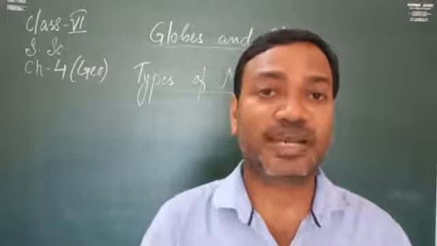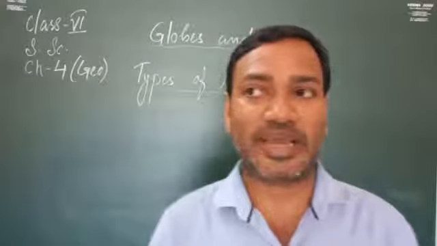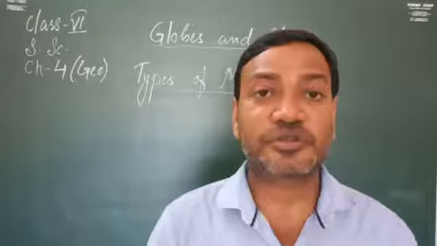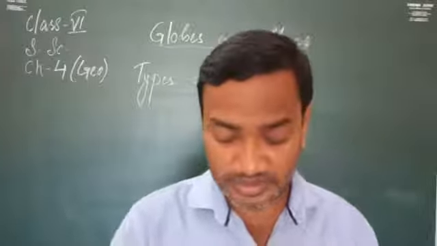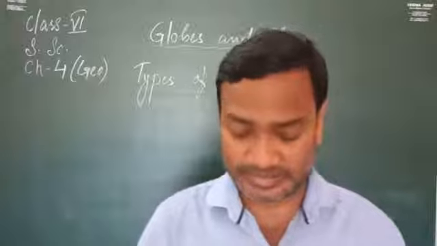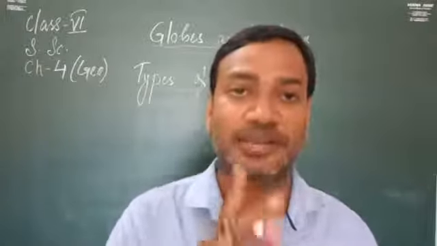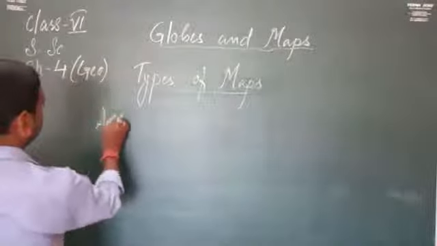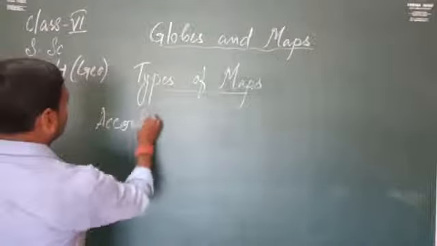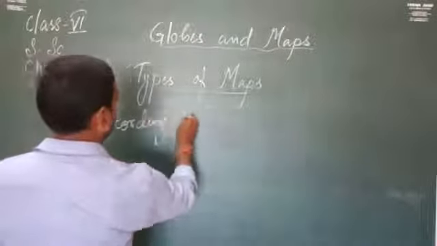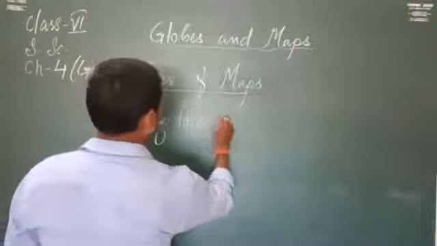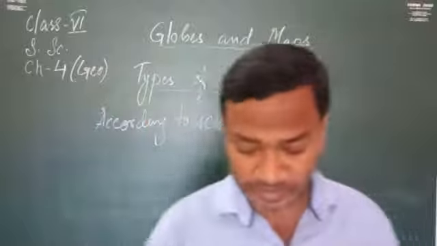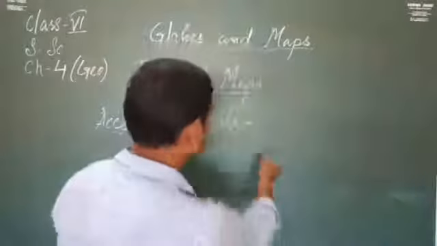In one kind of map we find the functions of the map, and in another kind it is based on the scale of the map. According to scale there are two types of maps. One is the small scale map.